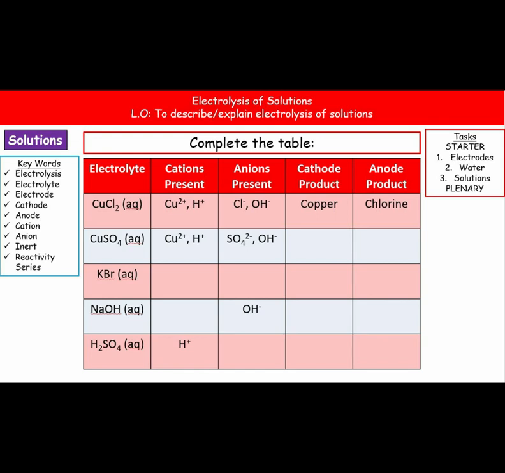So when we're working out what we're making at the cathode, then that's going to be a case of, is copper less reactive than hydrogen? We've just seen, yes it is. So copper will be made at the cathode. Then for our anode, what we need to do is look and say, is there an ion from group 7 present? In this case, yes, we've got chloride ions, so we make chlorine.